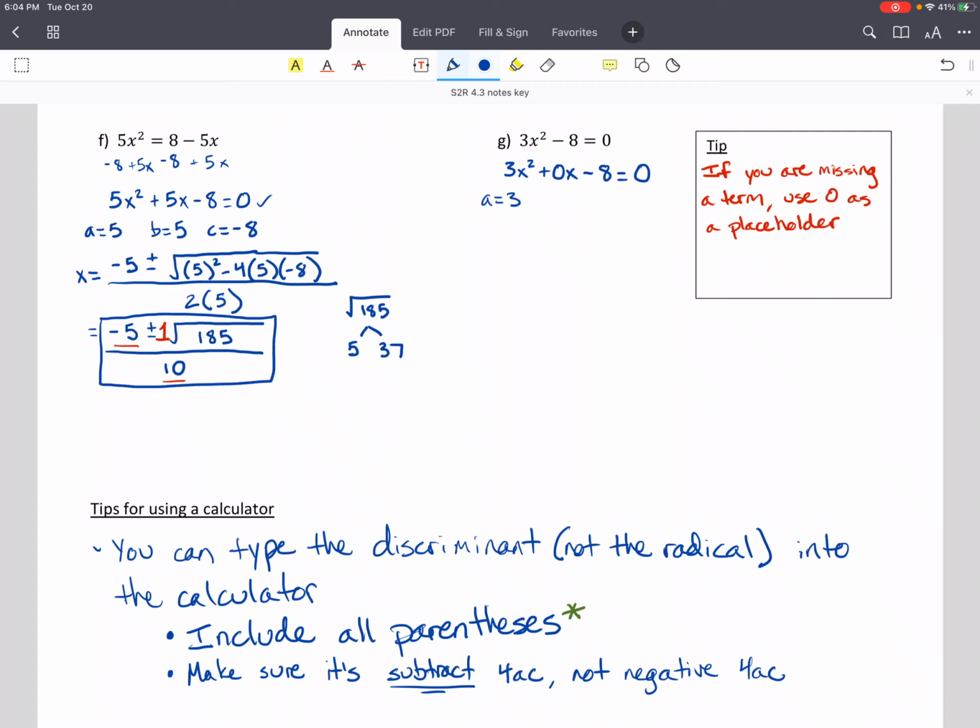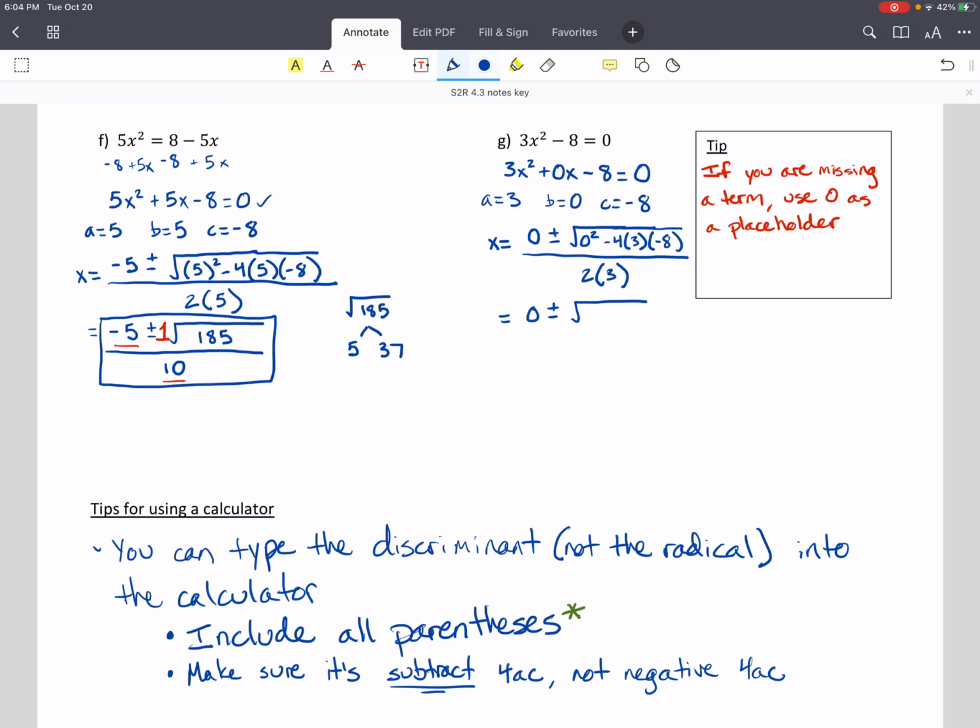And now I can do the same thing. a equals 3, b equals 0, c equals negative 8. And now to our fun formula, x equals negative b. Negative 0 is not a thing, so it's still going to be 0, plus or minus the square root of 0 squared, because it's b squared, minus 4 times a times c, all over 2 times a. 0 plus or minus the square root.